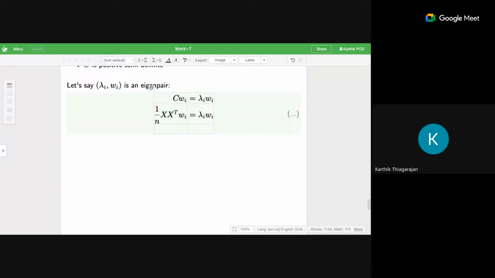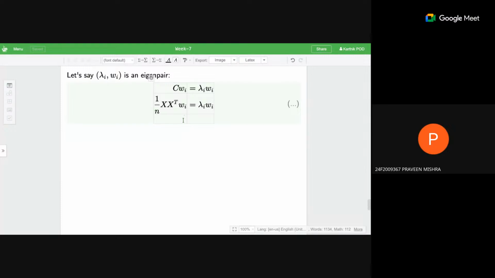You have seen me do something similar a lot of times. Should you multiply by X transpose or by something else?